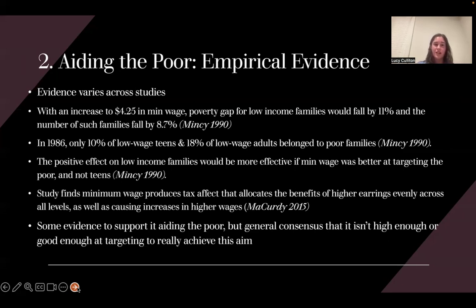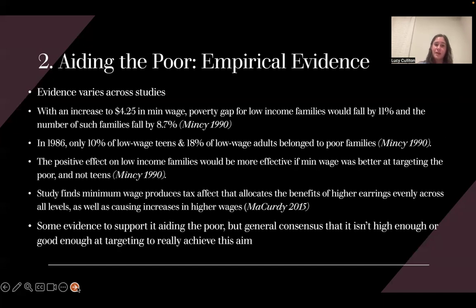This 1990 study also found that in 1986, only 10% of low-wage teens and 18% of low-wage adults belonging to poor families were receiving the minimum wage. The same study did find that a positive effect on income families would be more effective if the minimum wage was better at targeting the poor and not teens.